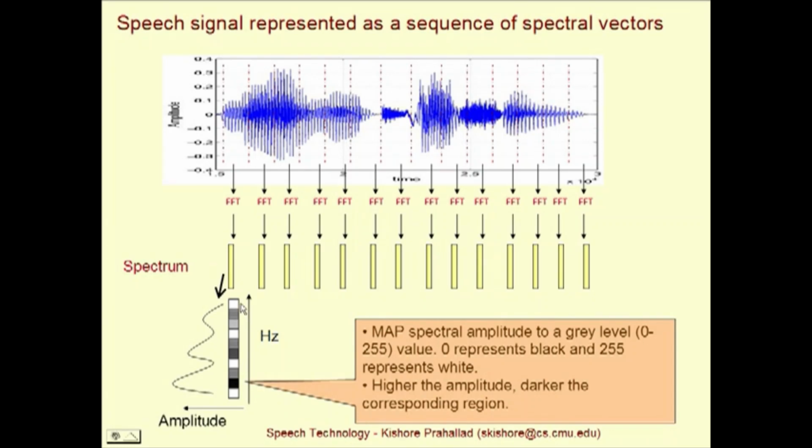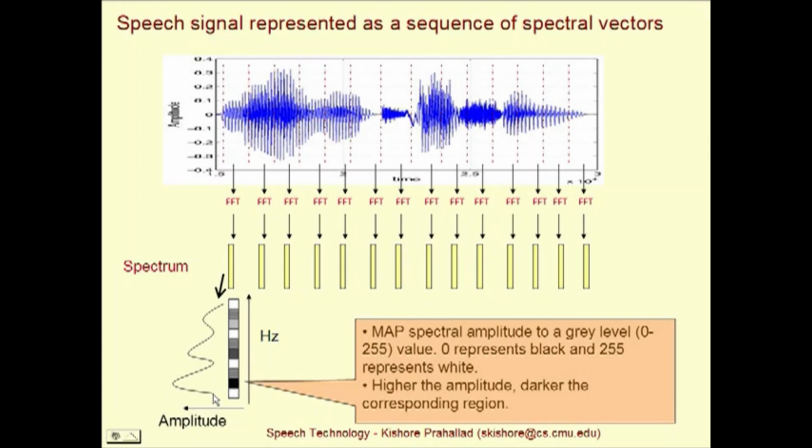You can see the same thing here. Each spectral amplitude gets mapped to a gray level value. 0 means black, 255 is white. So this is the peak here, and the higher the amplitude, the darker the corresponding region.